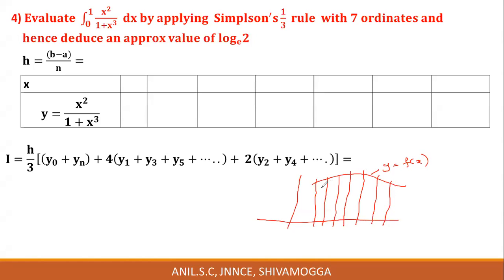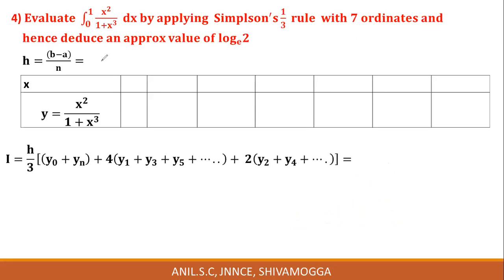How many parts are there now? 1, 2, 3, 4, 5, 6. Right? If 7 ordinates are there, n is equal to 6. If 11 ordinates are there, you take n is equal to 10. If 5 ordinates are there, you take n is equal to 4, like that. 7 ordinates means n is equal to 6.